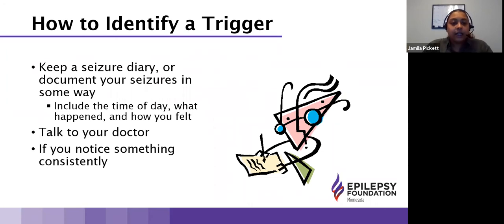Ways to identify a trigger, as I said before: keep that seizure diary or documentation of your seizures in some way. You want to include the time of day that it happened, what happened, and how you felt when all of those things happened as well. You may look back and be able to problem solve and figure out a lot of things by yourself. But another thing is you want to talk to your doctor and show your doctor these things that you document.